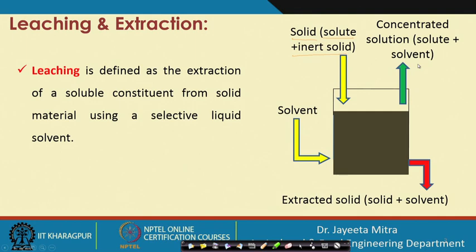So, solute plus solvent will go out, and the extracted solid, that means the solute has been taken out, that solid will be there and some portion of the solvent will be mixed with the extracted solid. So, that will also be there. So, this is how the leaching process takes place.